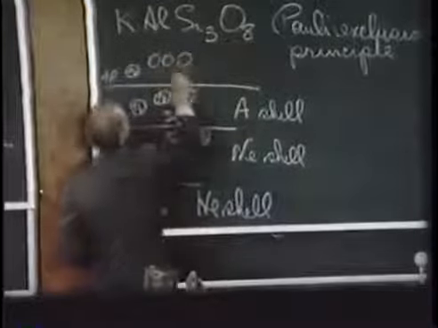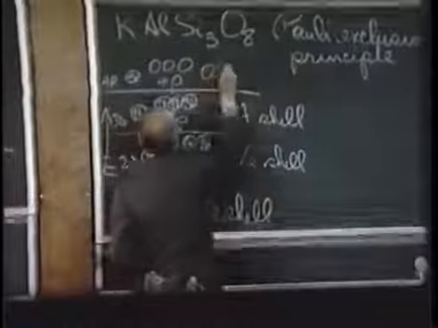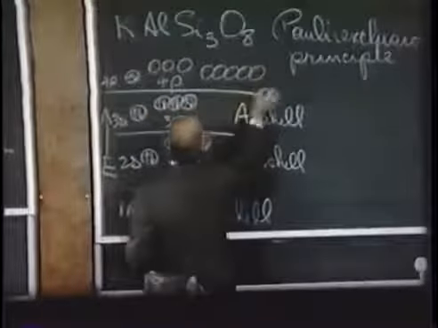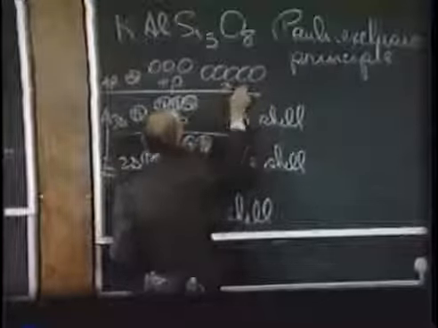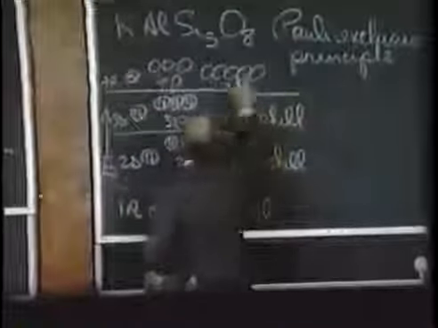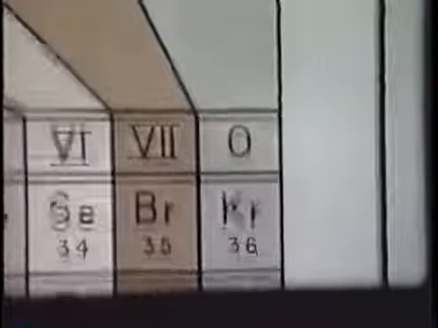Then the 4p orbitals and the 4d orbitals: 1, 2, 3, 4, 5 of the 3d orbitals. This shell is called the Krypton Shell, a shell of 18 electrons occupying 9 orbitals.